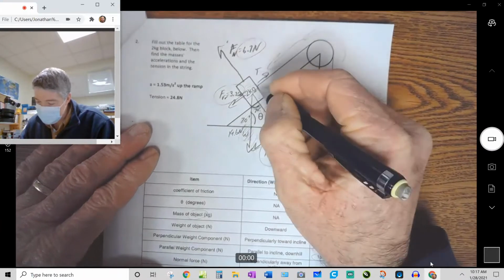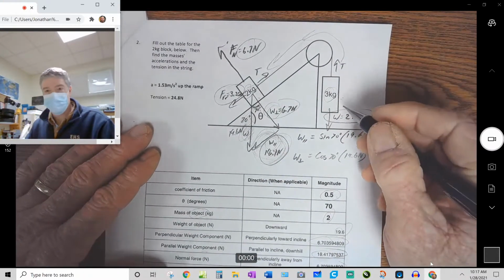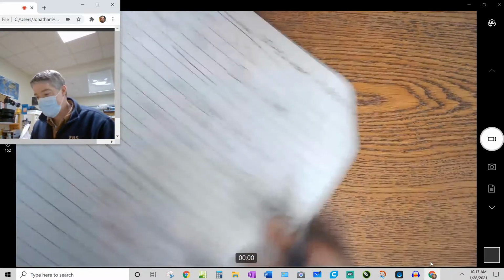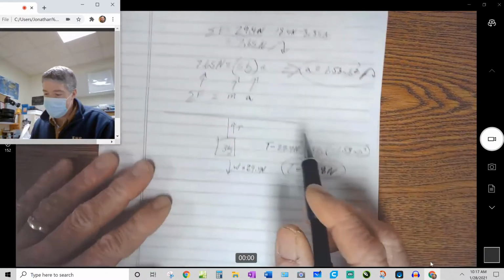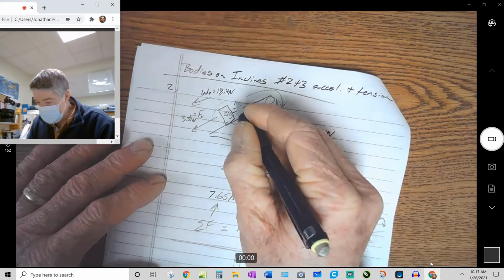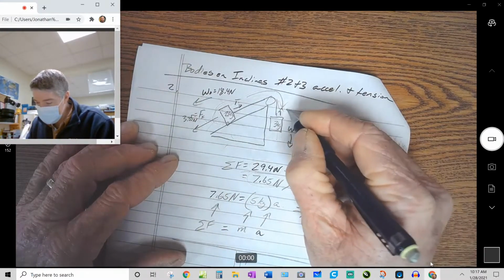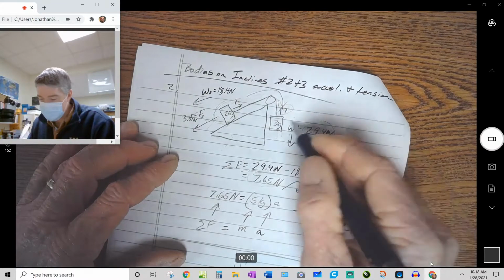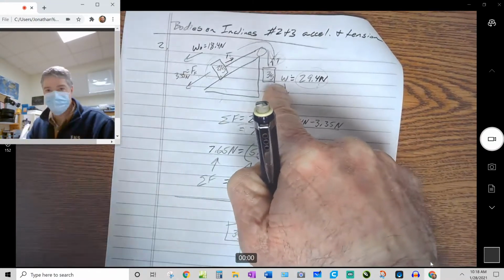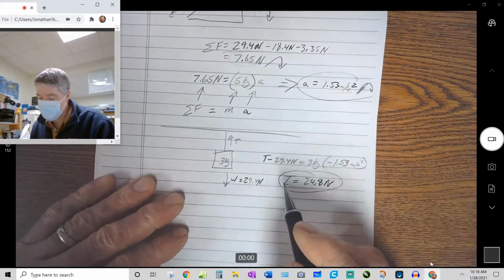Here's the tension pulling this block up, and here's the tension pulling that block up. So if I were to focus on this block, I would have to deal with 3 forces, this, and this. But if I focus on this block, I only have 2 forces. So that's why I focus on this. Just like what we did when we were doing those pulleys going over the side of a table before with multi-bodies.